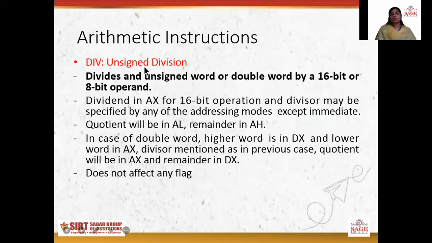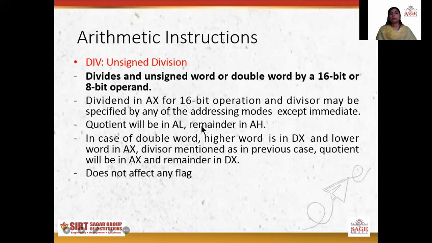Division, for unsigned division, is the same as multiplication. Unsigned division divides an unsigned word or double word by a 16-bit or 8-bit operand. Dividend is in AX for 16-bit operation, and the divisor may be specified by any of the addressing modes except immediate.